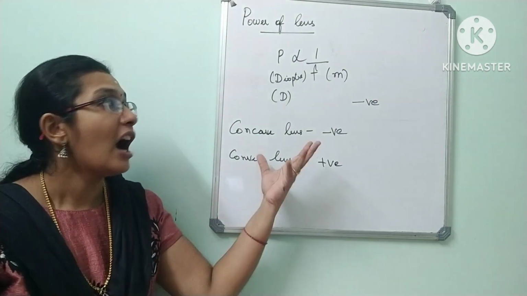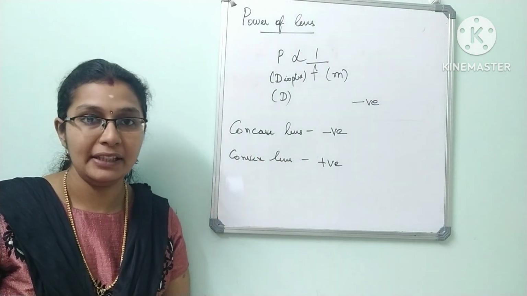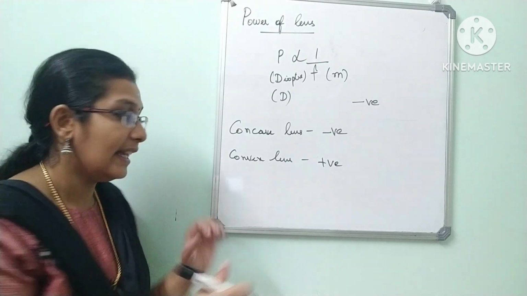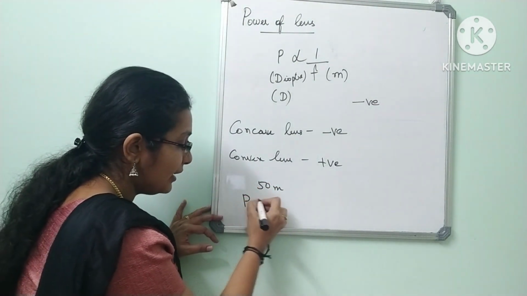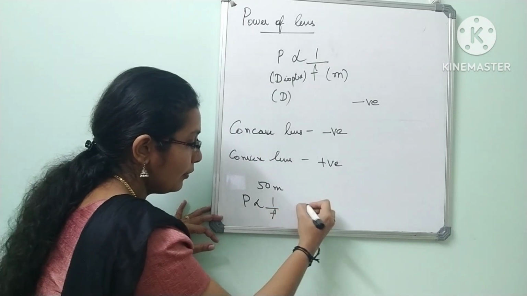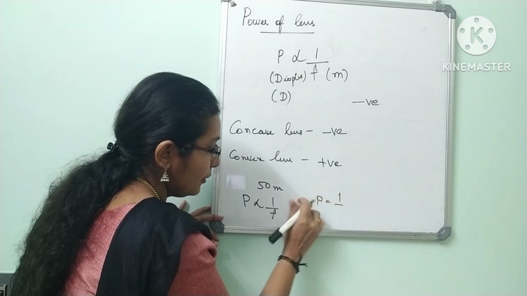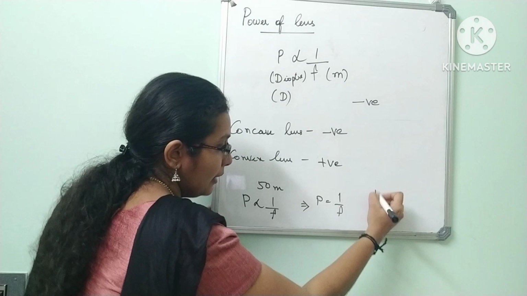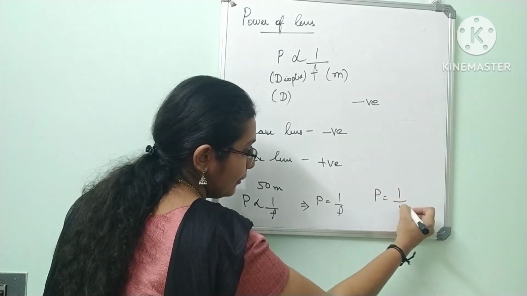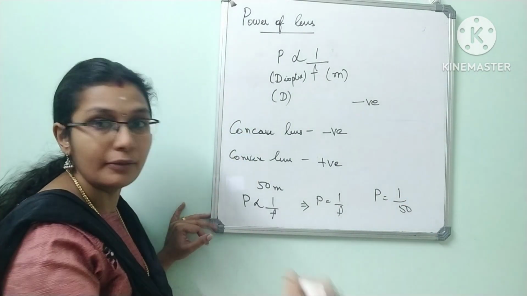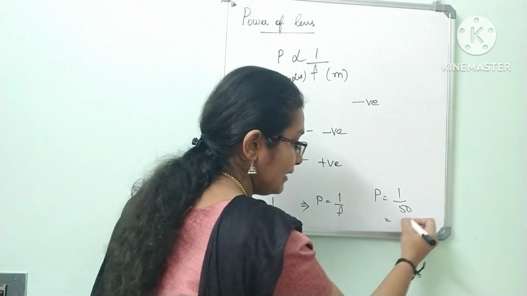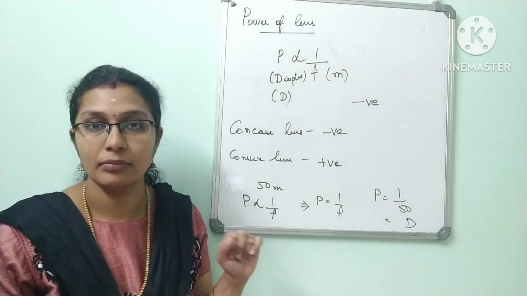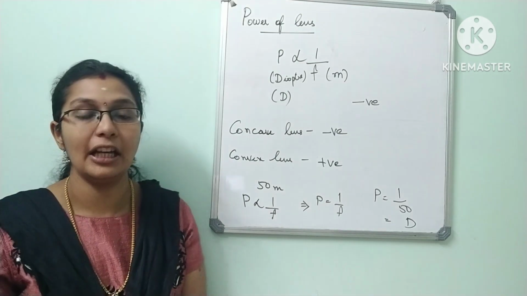Now, how can you calculate the power of a lens? Using the focal length. Say your focal length is 50 meters. Find the power. Power is inversely proportional to focal length, so P is equal to 1 by F. So P is equal to 1 by 50. Clear? So do 1 by 50, find the answer and write the answer as that much diopter. 1 by 50 diopter.